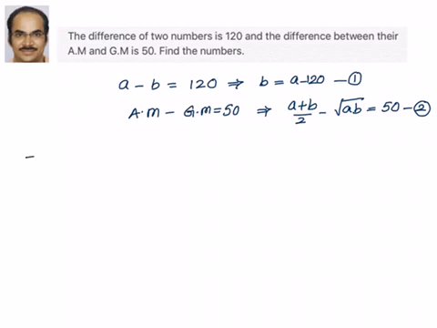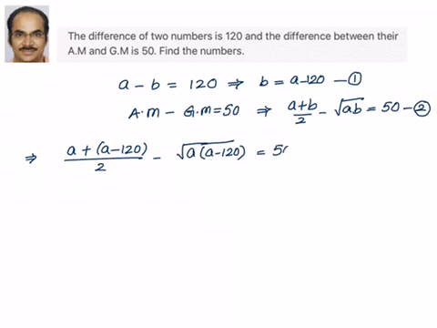You will have A plus, in place of B, can I write down A minus 120 divided by 2 minus of square root of A into, again wherever B I have to put A minus 120. This is equal to 50. Now let's go to the next step.